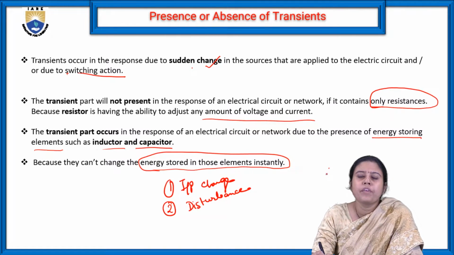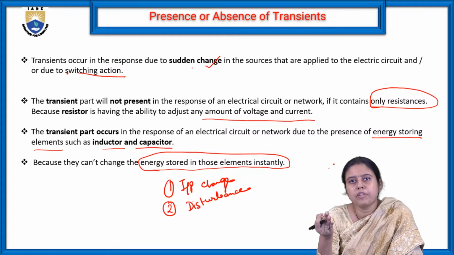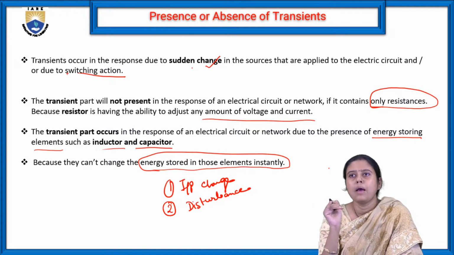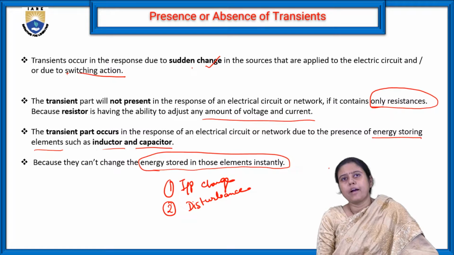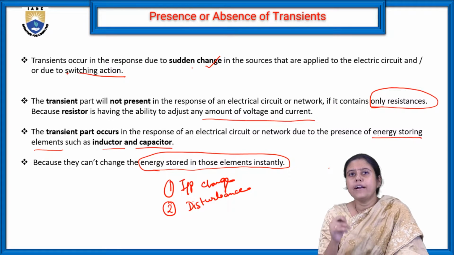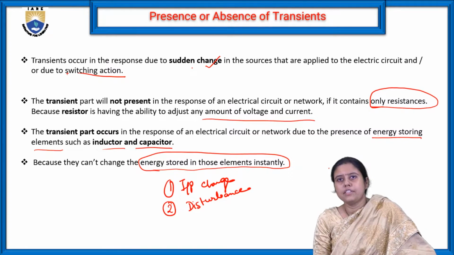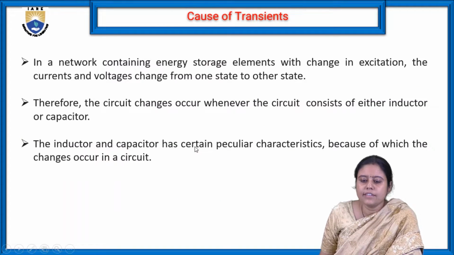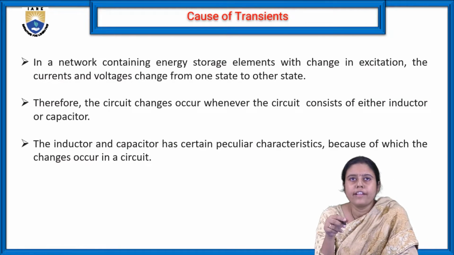So we know there are three types of passive elements: one is resistor, one is inductor, one is capacitor. Resistor does not get affected by the transient, but if inductor and capacitor are present, the response will be affected. Next, we will discuss the cause of transient.